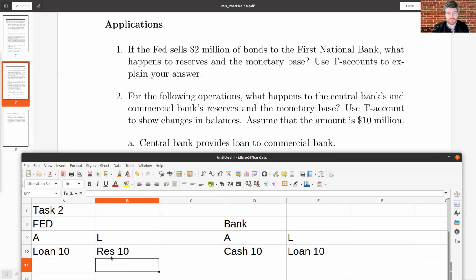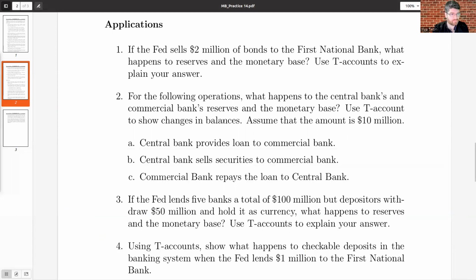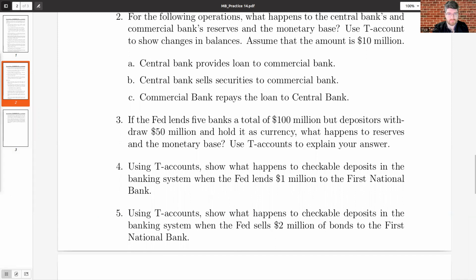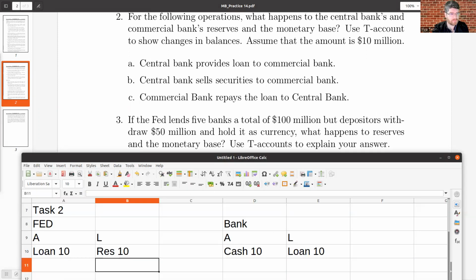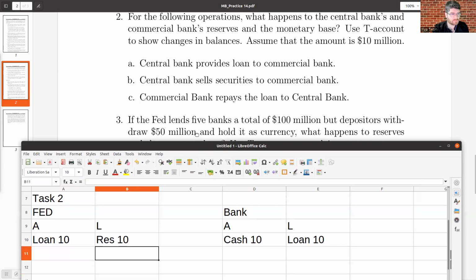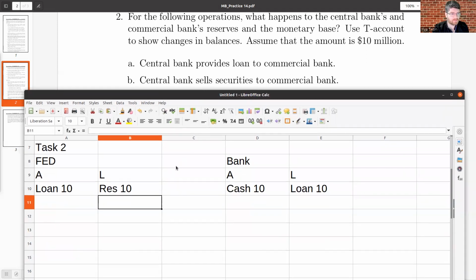So this is the ending balance of the T account for the central bank and for the commercial bank. Okay.